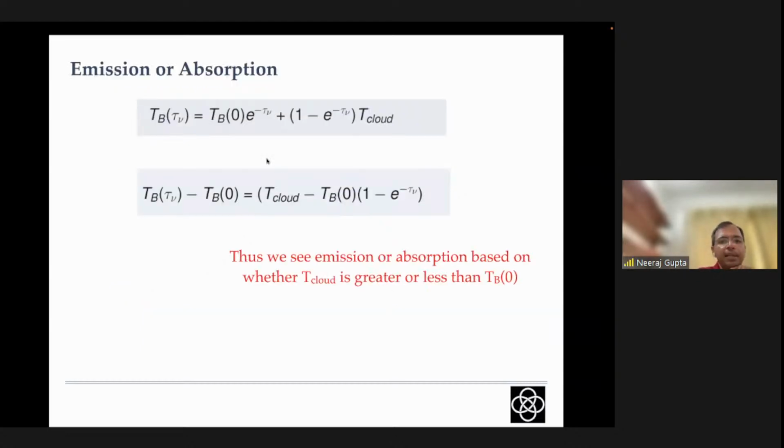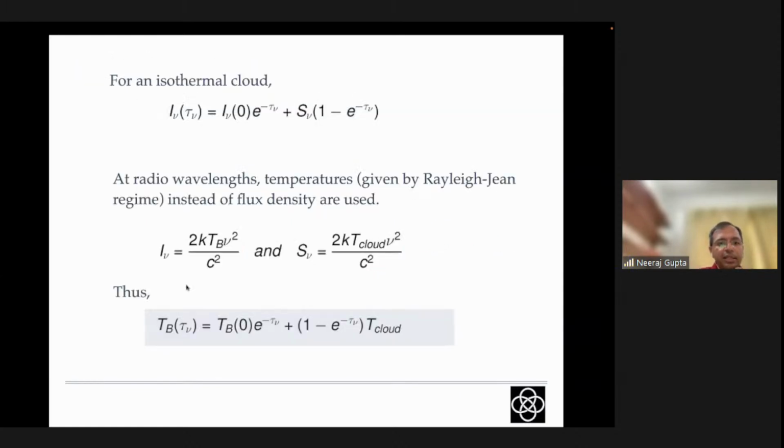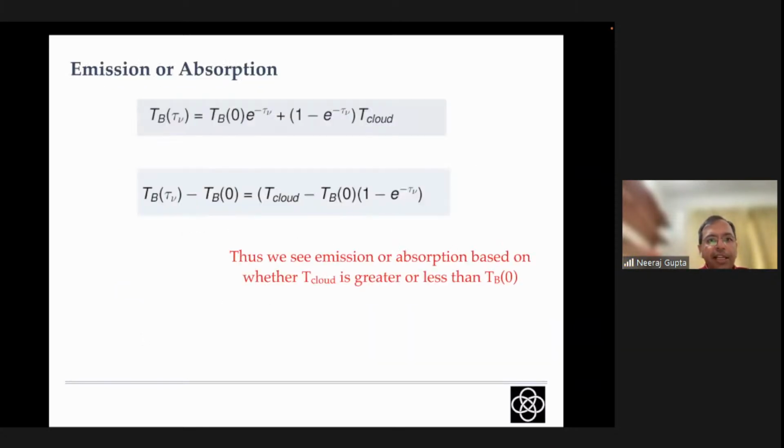We rewrote this in units of temperature because it allows us to appreciate certain things very easily. So we take this same equation and subtract from both sides the incident radiation T_B0 on the cloud, so the right-hand side gets modified like this. What does my left-hand side represent in this case?